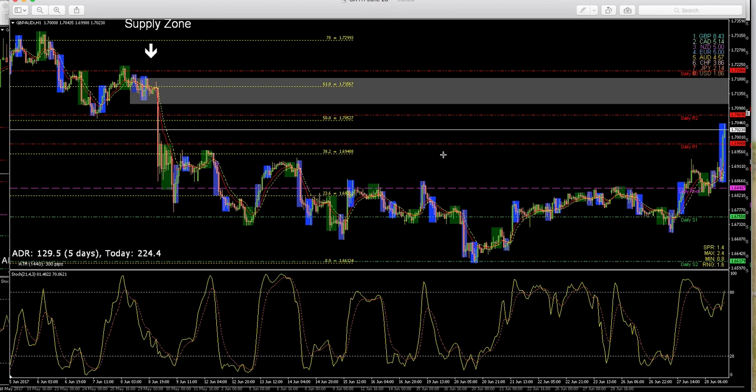So it is approaching up to this area where it runs into its first kind of resistance right here.